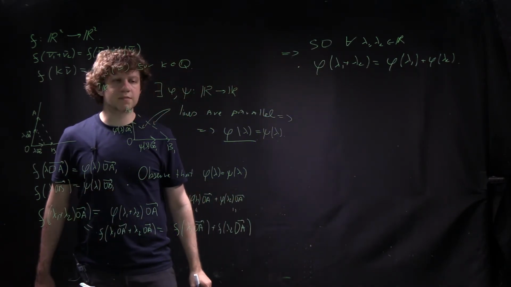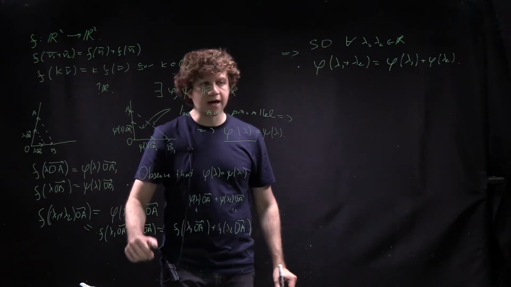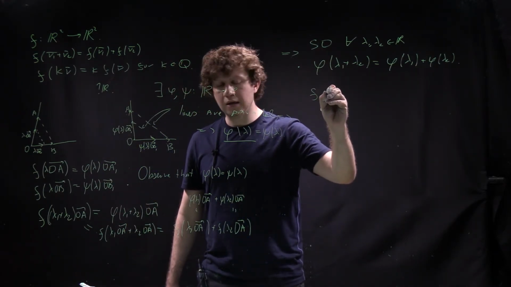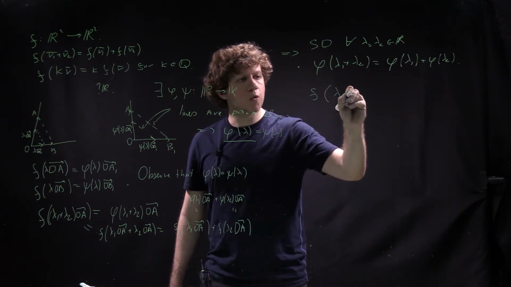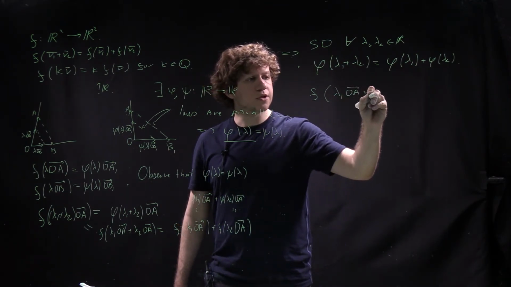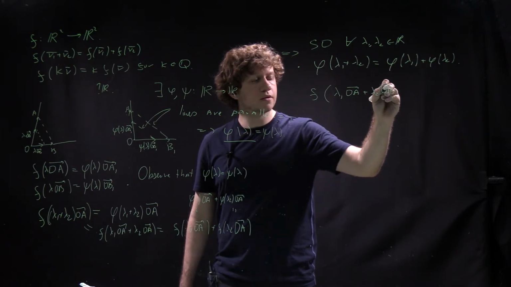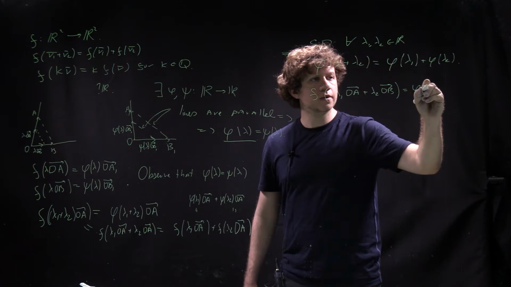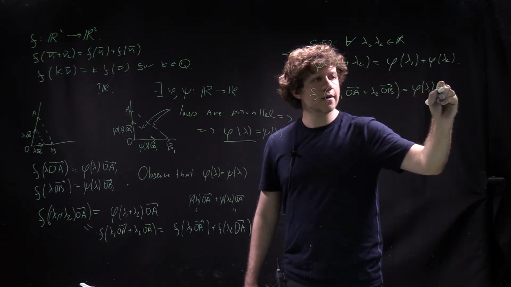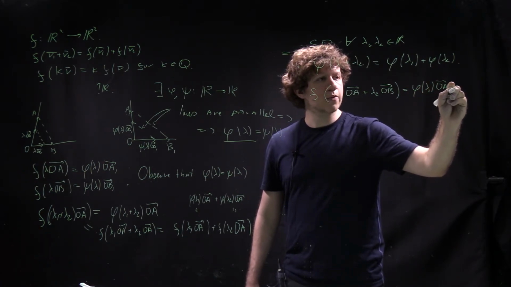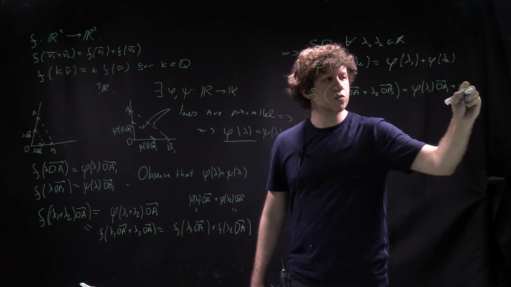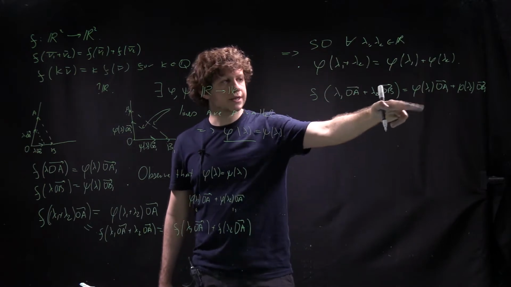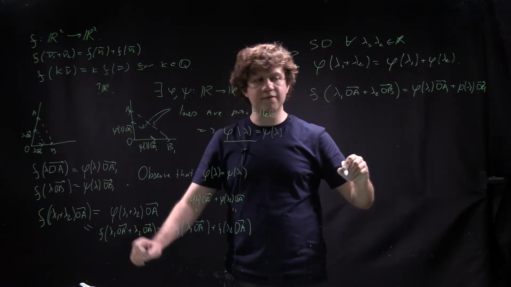But then we can do something else. I can take the vector f of lambda 1 OA plus lambda 2 OB, and this will give me phi of lambda 1 OA1 plus phi of lambda 2 OB1, applying linearity and the formula we have.